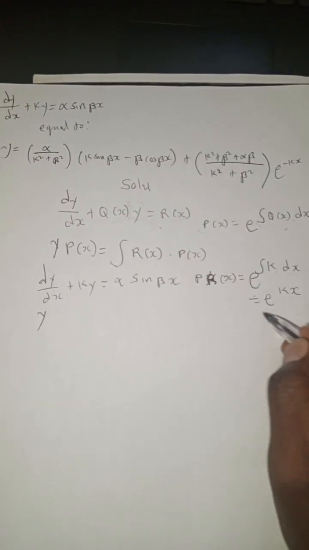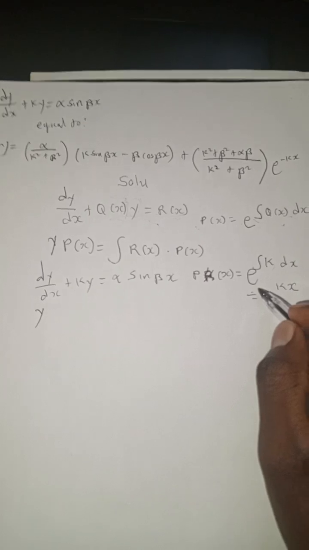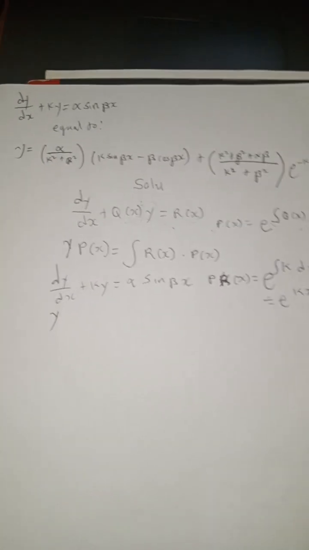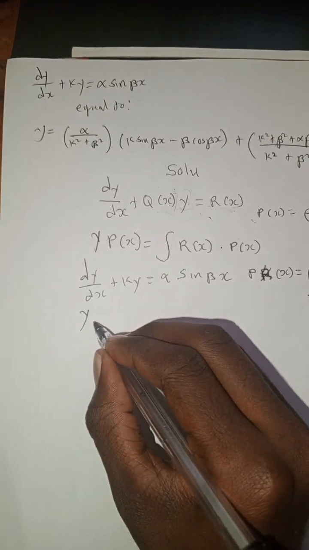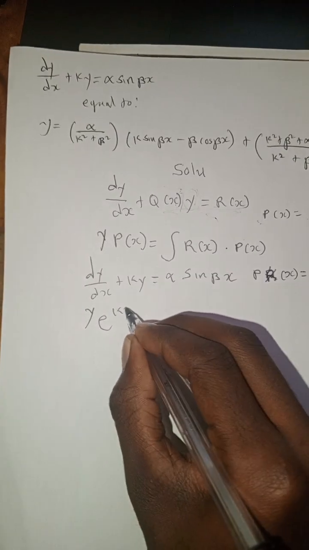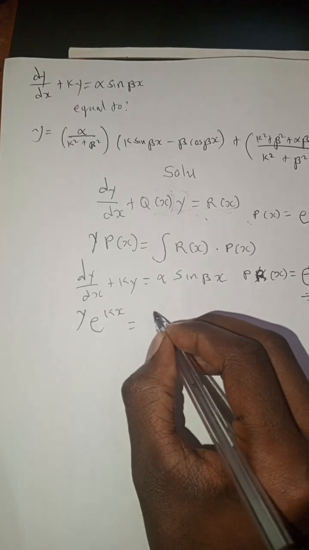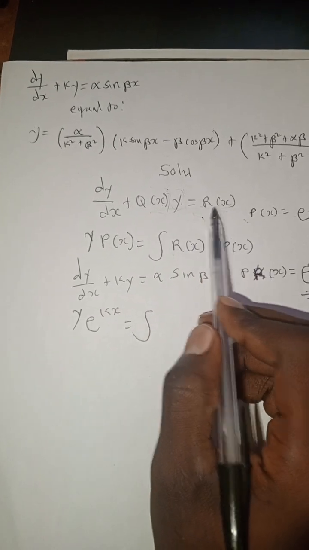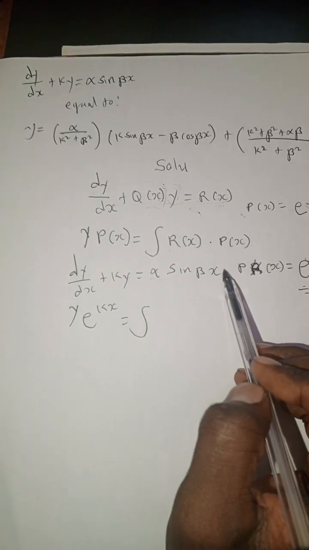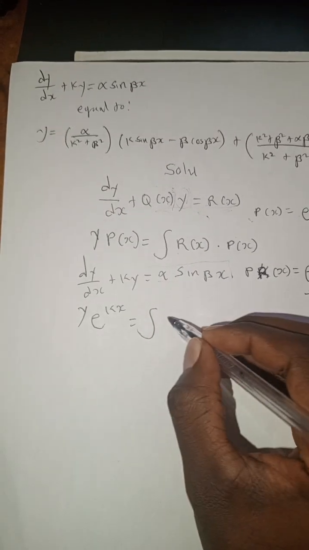Now this becomes our integrating factor, and our formula says we multiply the integrating factor with y. So we are going to have it like this. Then we are going to equate it to the integral of Rx. Now Rx, what is Rx? Rx is the whole lot of this.